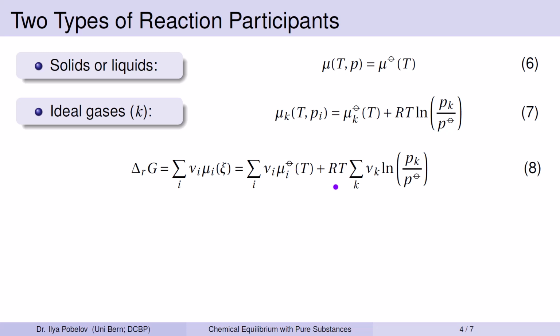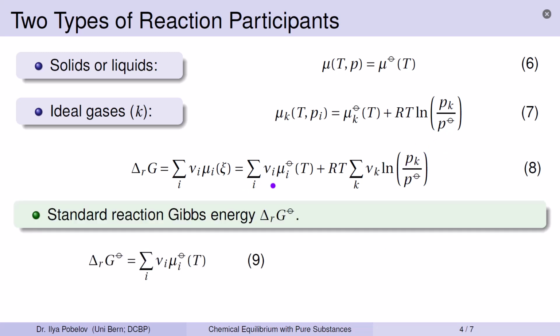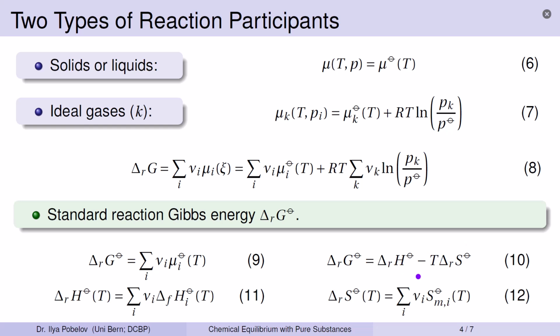The second part considers the effect of partial pressures of the ideal gas reaction participants. That first part is known as the standard reaction Gibbs energy, ΔrG standard. It can be calculated as the standard reaction enthalpy minus temperature times the standard reaction entropy. These parameters can be in turn calculated from the standard enthalpy of formation and the standard molar entropy of reaction participants.